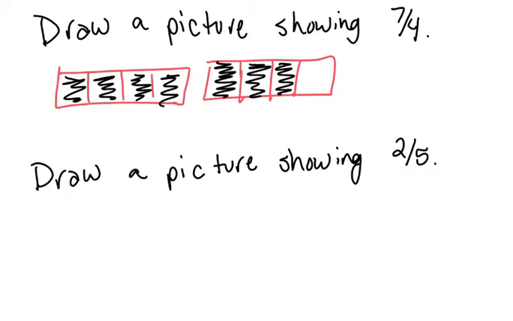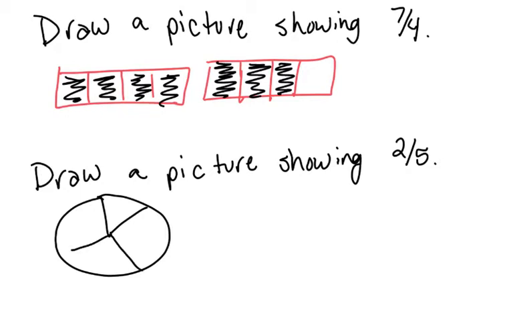This time, I'm going to do circles. I need to show 2/5, so that tells me that my total needs to be cut into 5 pieces. That takes 4 lines. 1, 2, 3, 4. Oops, that only gave me 4 pieces. I need to go back and do 1 more.